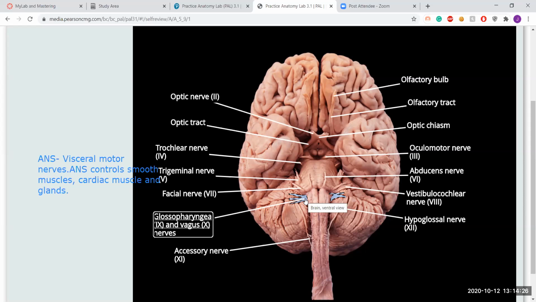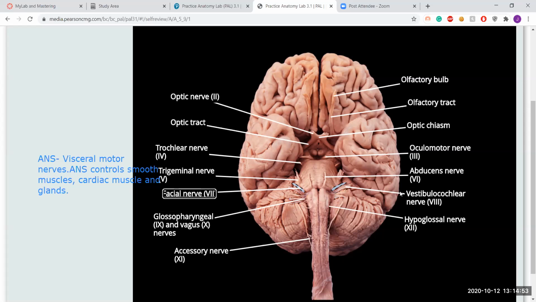The vagus nerve is very vague. It goes everywhere in the body. From the brain, it passes to your heart, lungs, kidney, ureter, a lot of areas. They all control the visceral organs, okay?